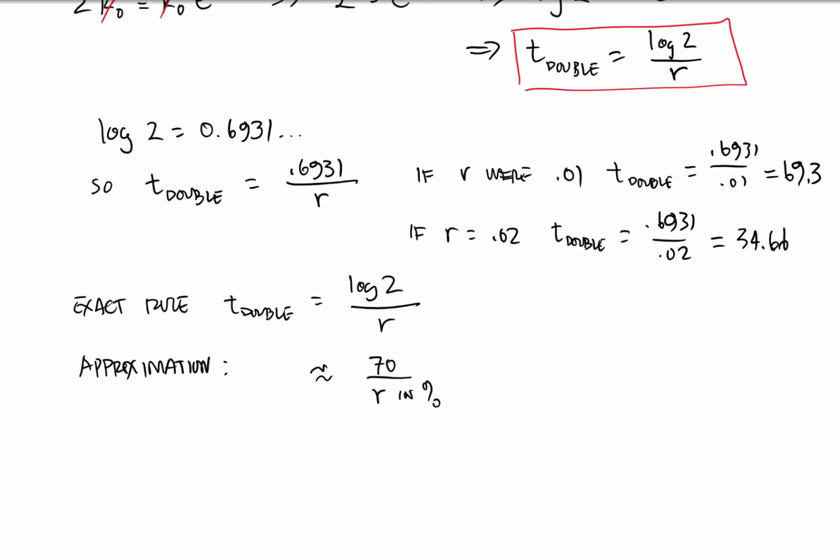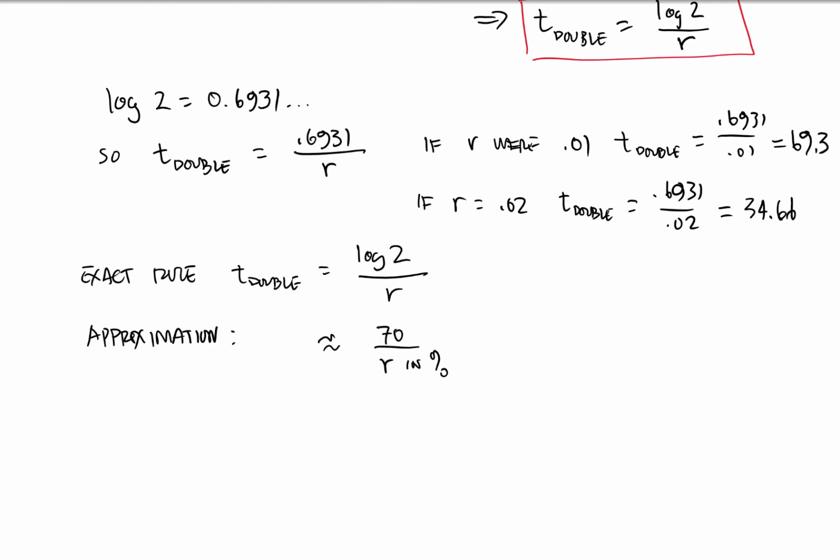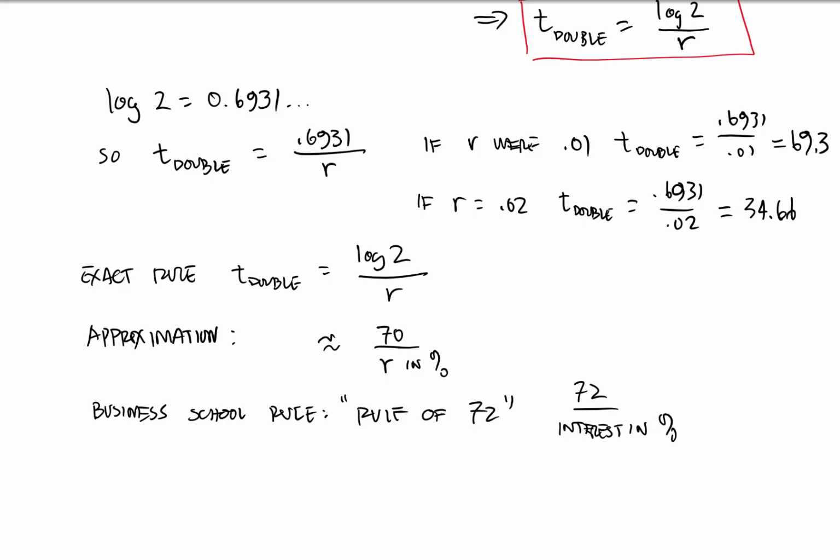A close version of this approximation is taught in business schools. It's called the Rule of 72, and that rule says you take 72 and you divide it by the interest rate in percent, and that will tell you how long it takes to double your money.